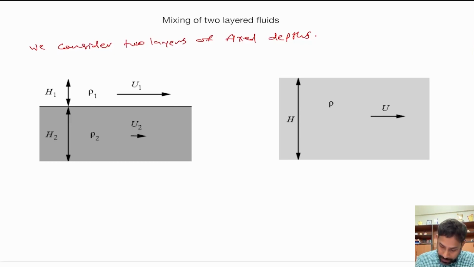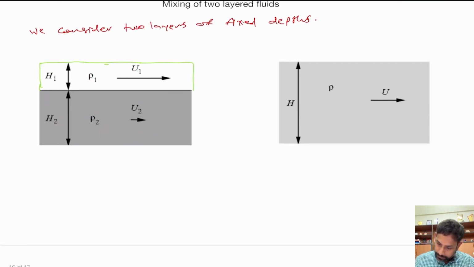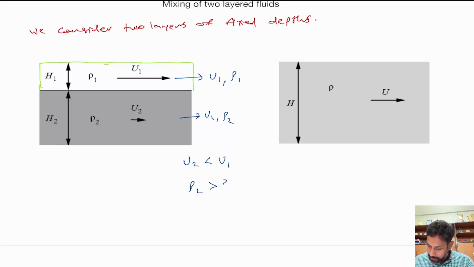and here the upper layer is not really easily visible, but we will assume that this is the upper layer, right? And the upper layer has, let's say, the velocity u1, density rho1. Okay, upper layer is moving with velocity u1, which has density rho1, and lower layer is moving with velocity u2 and density rho2, where u2 is smaller than u1 and rho2 is greater than rho1.